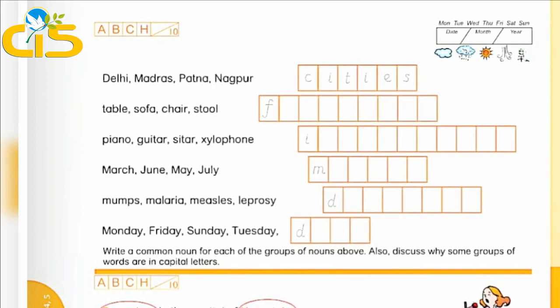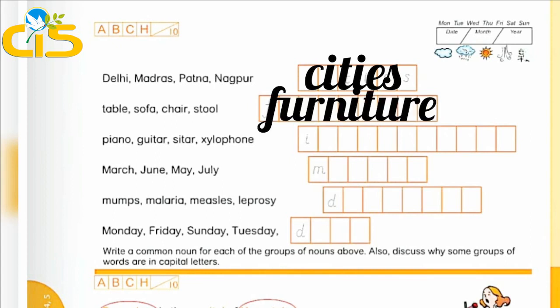So the first one they have already done for you. That is Delhi, Madras, Patna, Nagpur. Okay, so what are these? These are cities. Now the second one is table, sofa, chair, stool. So what are these? These are furniture. Now next we have piano, guitar, sitar, xylophone. Okay, so what are these?